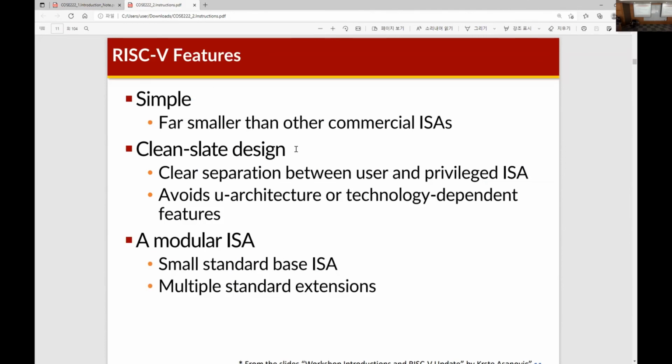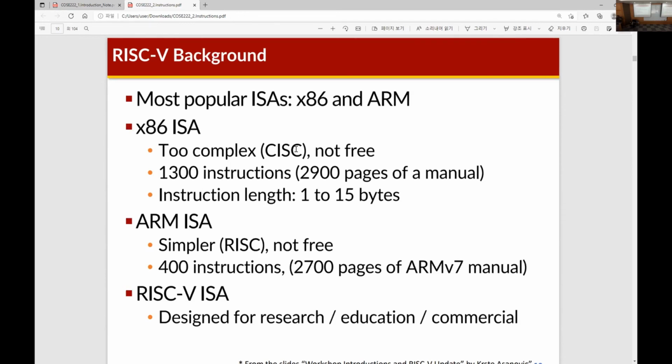Okay, this is a picture of RISC-V. As you can see, RISC-V includes RISC, so the RISC-V ISA is also a RISC type ISA, which means a reduced instruction set computer.